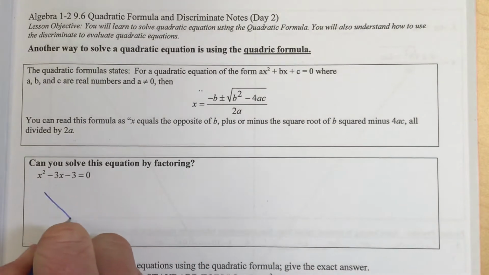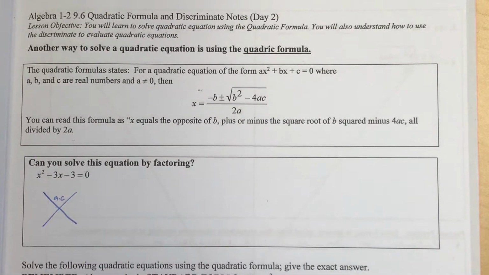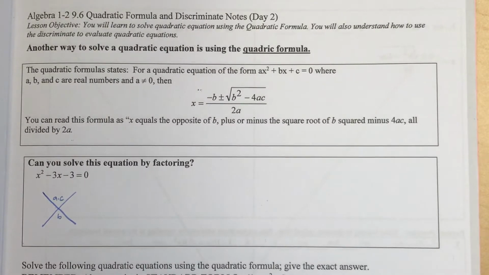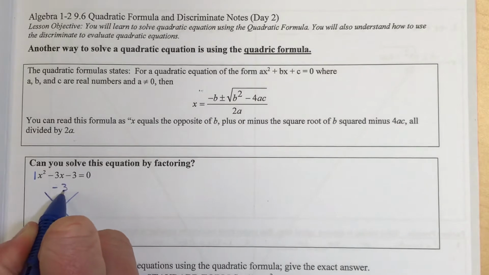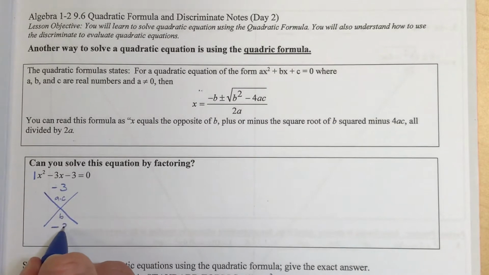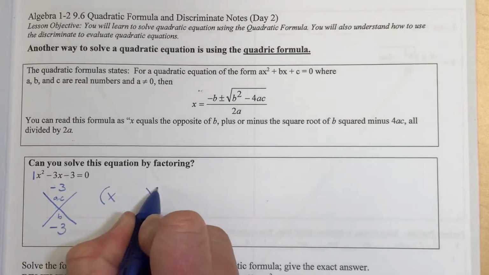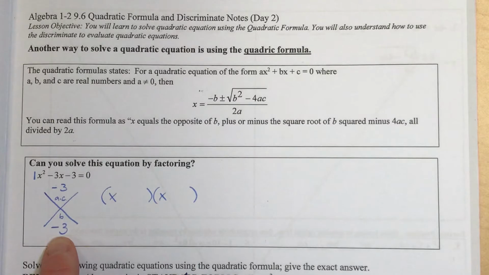So I have taught my students that what we do is we take a times c at the top of a big X. I just write a big X down. And then b for your term goes at the bottom. And if my a is 1 and my c is -3, and my middle number is -3, my goal is to think of two numbers that multiply to make -3 and also add to make -3.